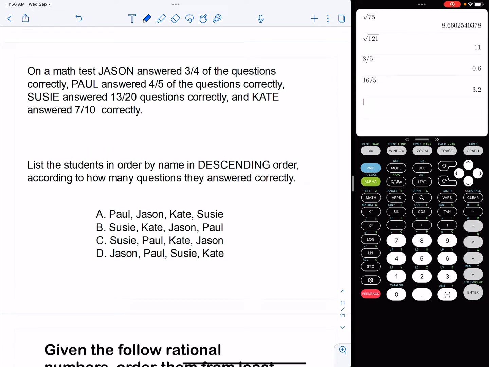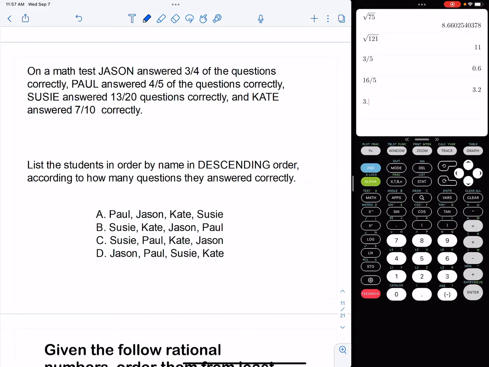This one right here, we're looking for descending, but what's the best type of number to put in order? A decimal. So what would we do with each one of these fractions? We would change them to decimals.